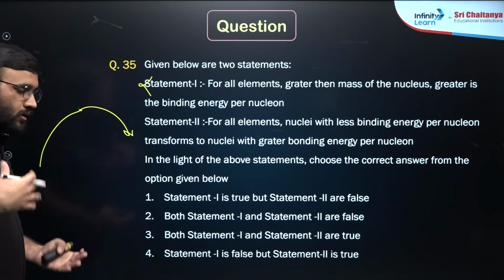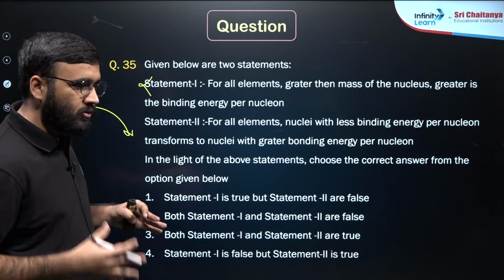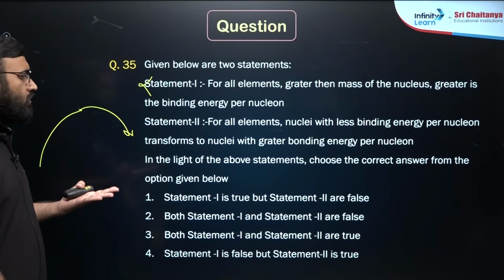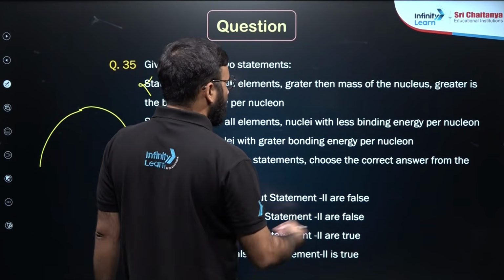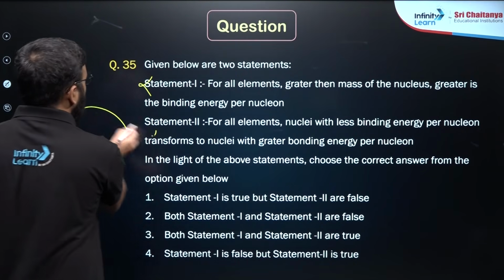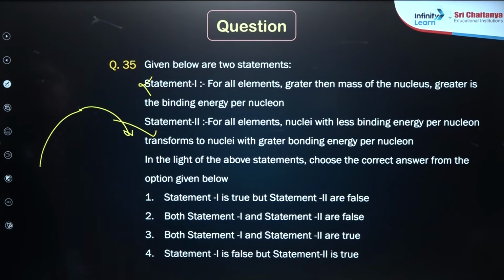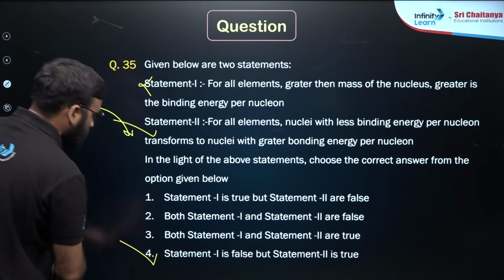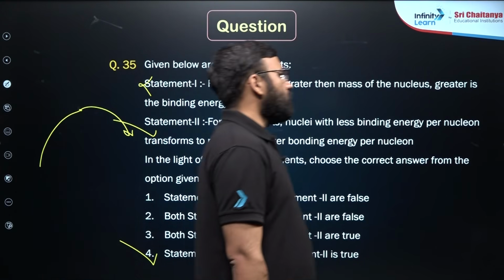Yes beta, the less binding energy nucleons, using nuclear reaction fission or fusion, are converted into the greater or higher binding energy per nucleon. So that's why statement 2 is correct. So first one is false and second one is true, okay. So option 4th is your correct answer beta here, okay.